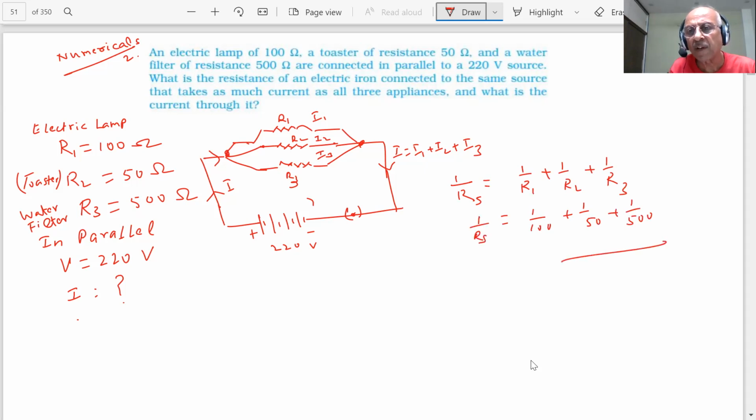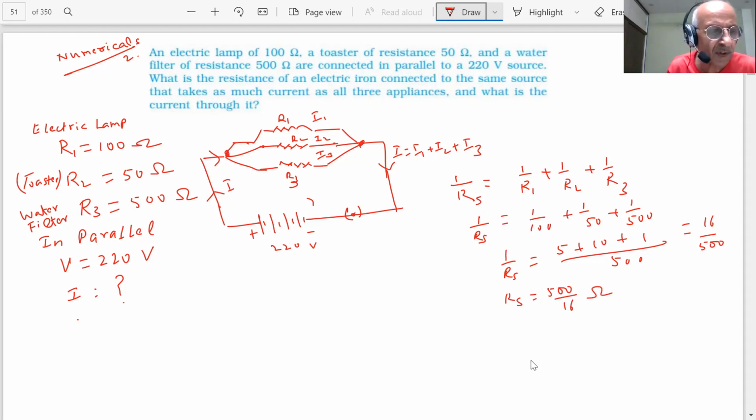How much is the value coming, students? 5 plus 10 plus 1. How much is that? 16 by 500, student. And RS is equal to 500 by 16 ohms. Okay?